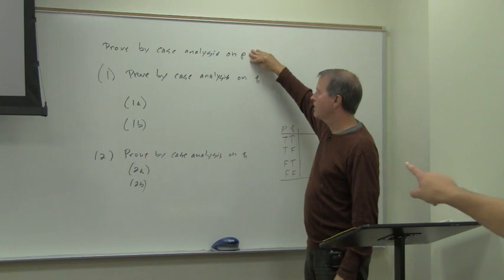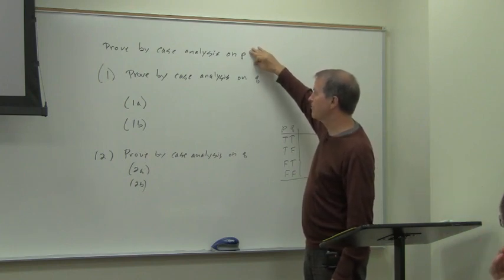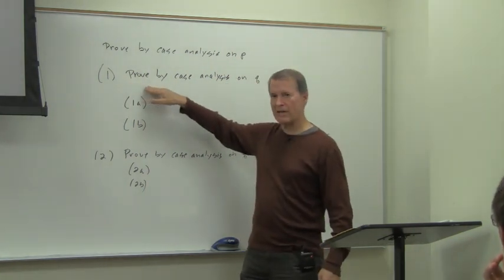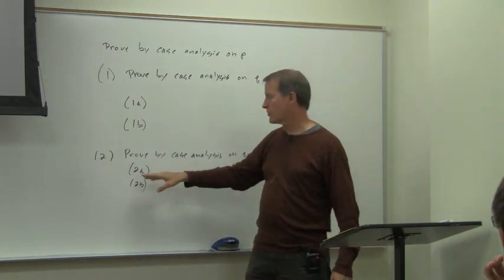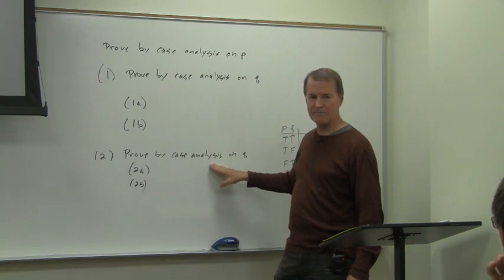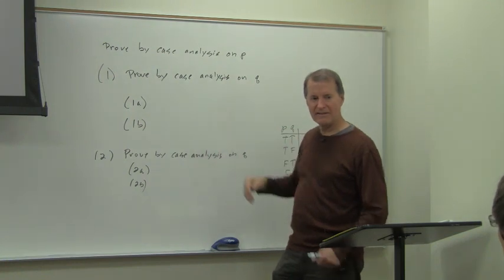Like you said, prove by case analysis on P. No, hold on. We say prove by case analysis on P, and then for 1 we wrote down an expression that only had a Q in it, and for 2 we wrote down another expression that only had a Q in it, and it had trues and falses. Are you with me? No, I'm completely lost.